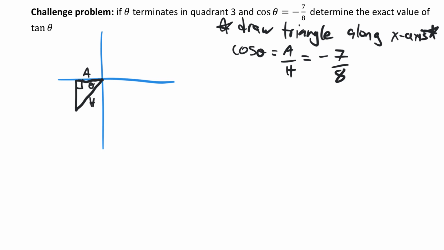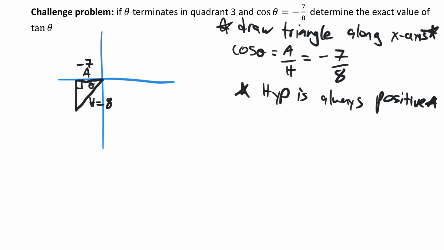The x is going left, so the x is negative. You put the negative sign with the 7. So this length is negative 7 because it's going left on the x-axis. But then the hypotenuse here will be 8. Another little rule for drawing these is the hypotenuse is always positive.